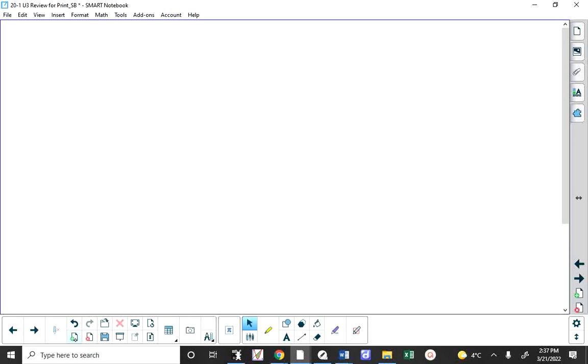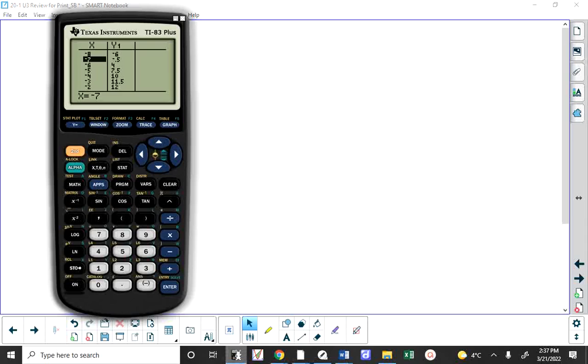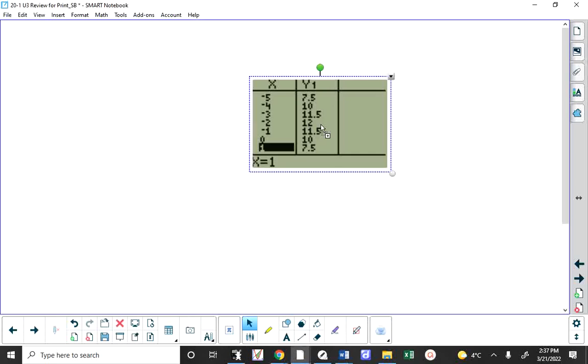So this, I haven't shown it to you this way before, but I wish I could make my table bigger, like longer. But do you see that the y coordinate of 12 there is kind of the middle of the y values?